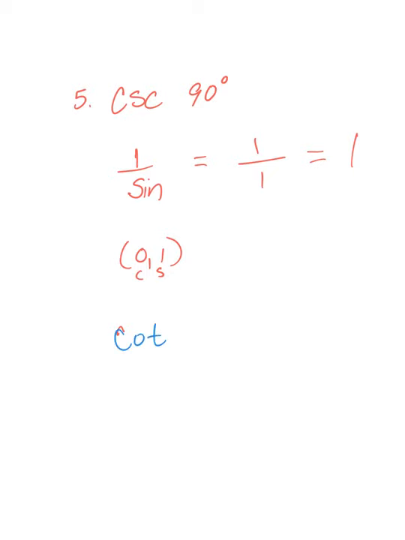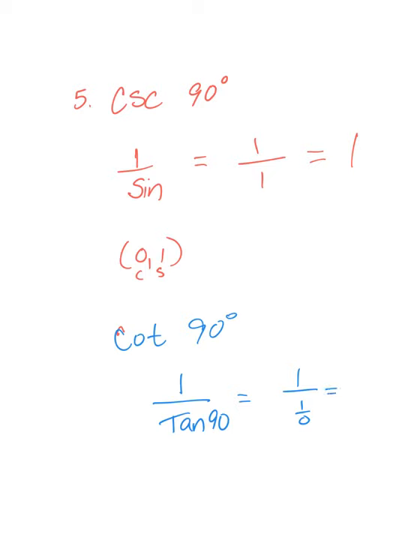The cotangent of 90 is 1 over the tangent of 90, okay? But the tangent of 90 is undefined. It came from 1 over 0. Remember it was 1 over 0, that's why it was undefined? So what happens when you flip this guy?